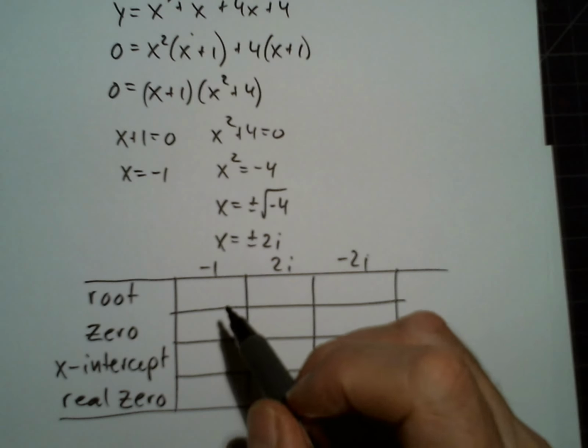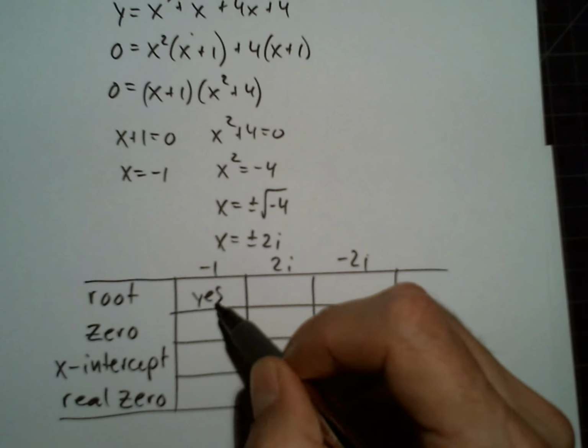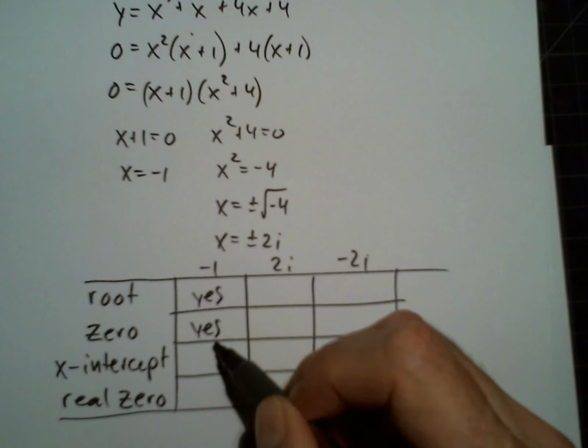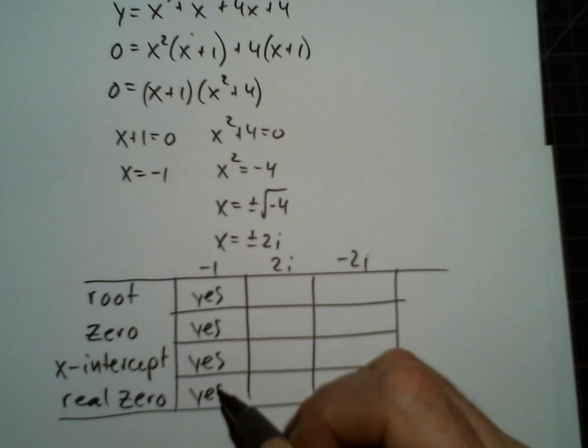And negative 1 is a root. Negative 1 is also called a zero. Negative 1 is also called an x-intercept, and it's also called a real zero.